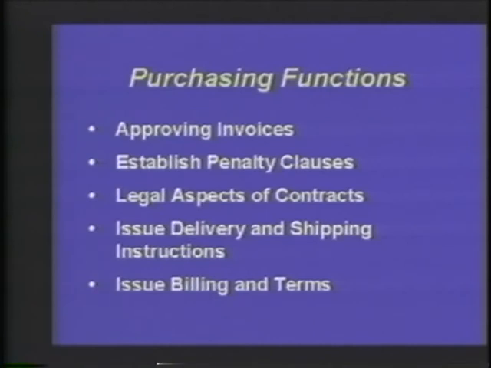And the next item, issue billing terms, is really a function or the responsibility of finance to support purchasing's position in the billing and terms area. And the next item indicates various reports to management. And again, the easiest way to develop the reports is to sit down with different management personnel and determine what they would like to see coming out of the purchasing department.